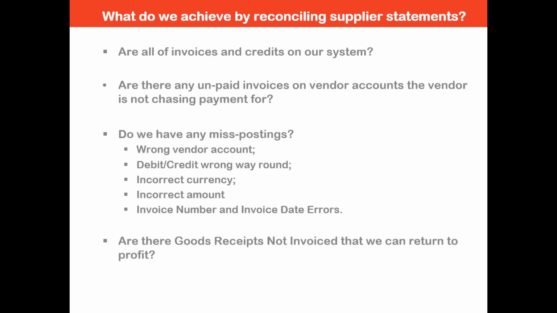So it would have been better to fix the problem up front for this to not have happened, but reconciling the statement will enable you to identify them, and then if you identify them, you can resolve it. And then if you start looking at what the root causes were, you can start focusing on reducing those errors in the future.